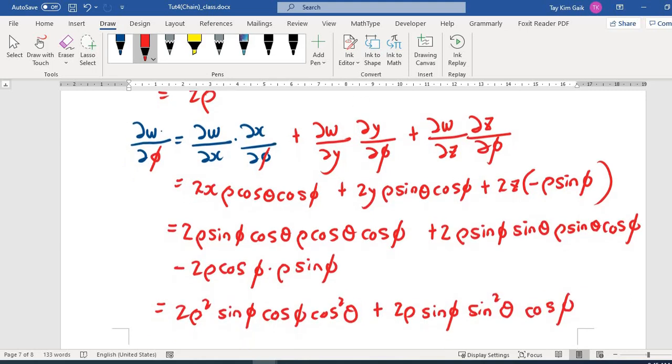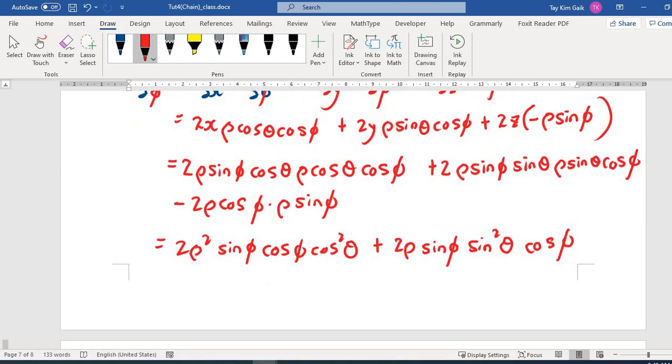The third term is negative 2 rho squared sin phi cos phi.